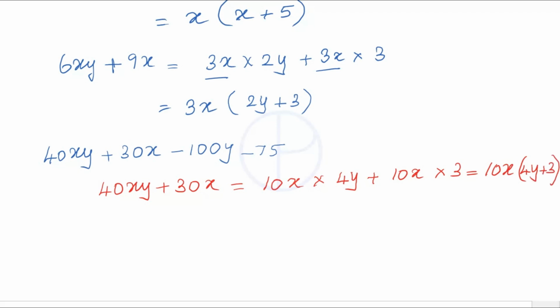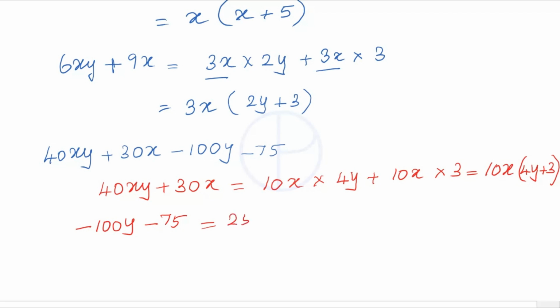Now group the last two terms, which is negative 100y, negative 75. Here we have to find the HCF, which is 25.